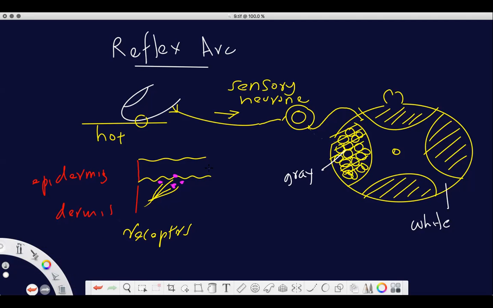Right now, when the sensory nerve brings the signal to the spinal cord, there is another neuron. So that neuron, let's see, I'm drawing it in a different color, let's say white.